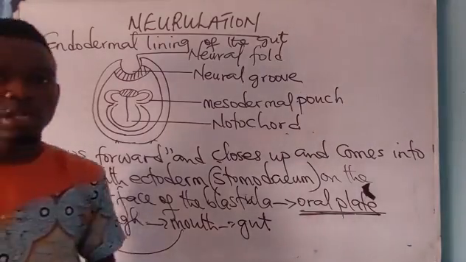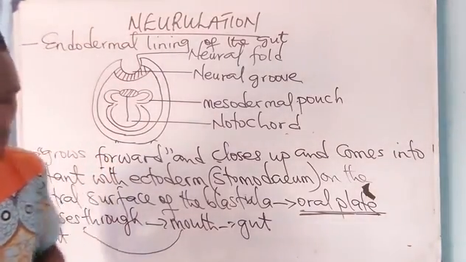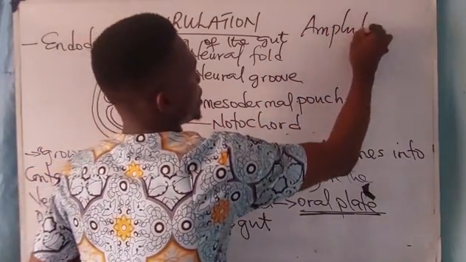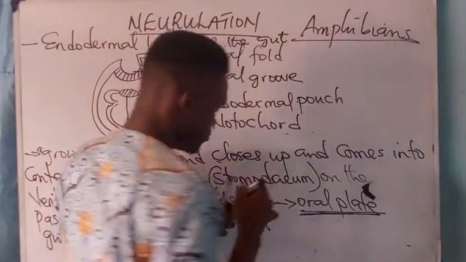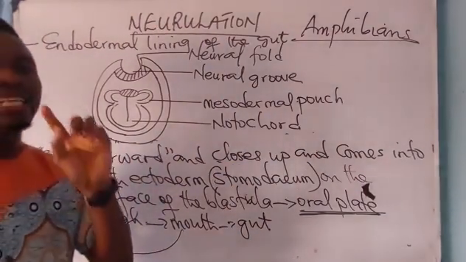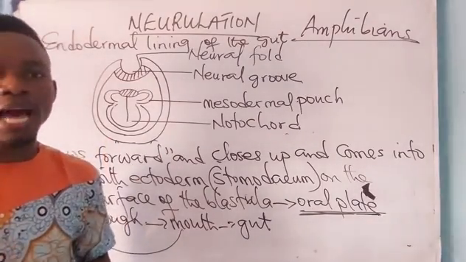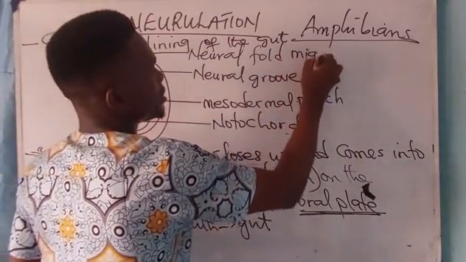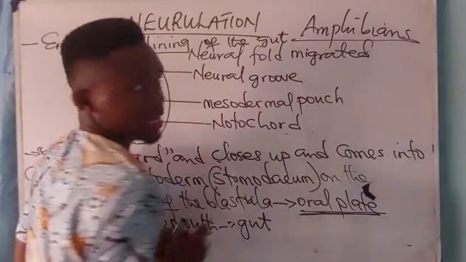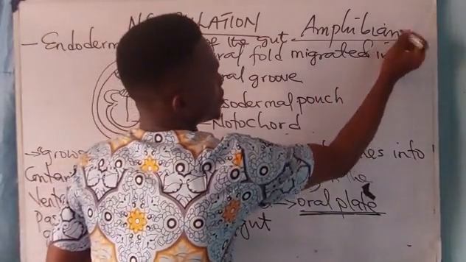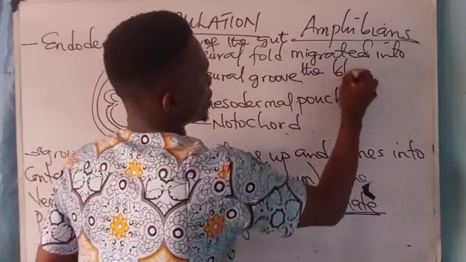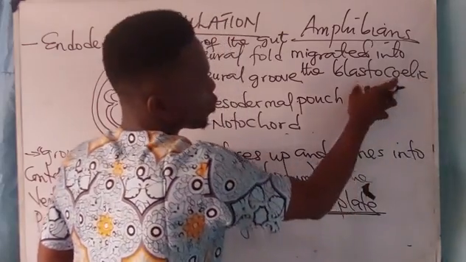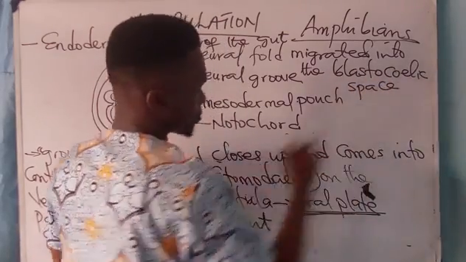That reminds me, we are not done. The formation of mesoderm, I said, varies from species to species. Now, in amphibians, mesoderm is formed at the early stage. How is it formed? It is formed when the cells migrate into the blastocoelic space.